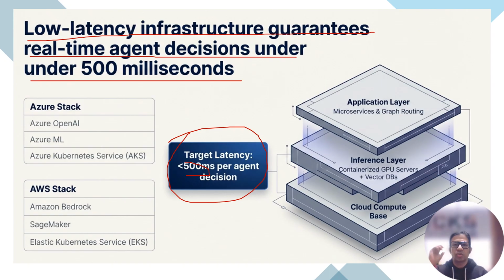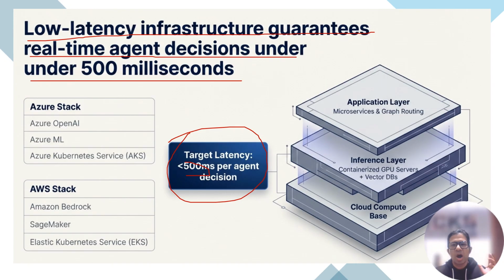If a sourcing agent takes 10 seconds, then a risk agent takes 10 seconds, and then a compliance agent takes 10 seconds, procurement teams will stop using it. So we design the system so each agent decision stays under 500 milliseconds. Fast enough to support real business flow. Speed equals adoption, I must say.